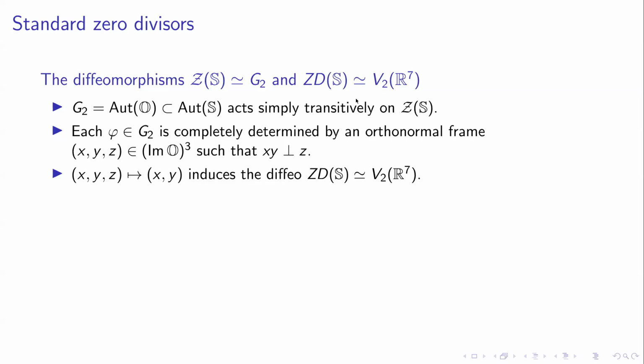So the projection map sends the first two, dropping the third coordinate. This induces the diffeomorphism between the zero divisors and the Stiefel manifold, in the second version with one coordinate.